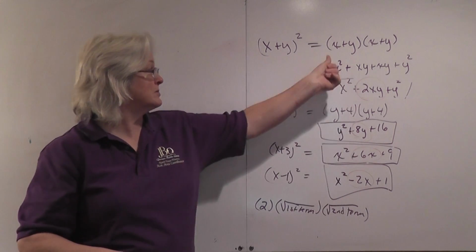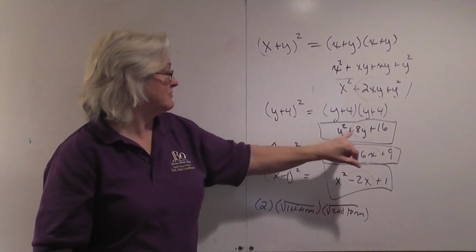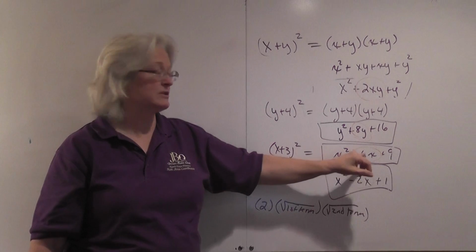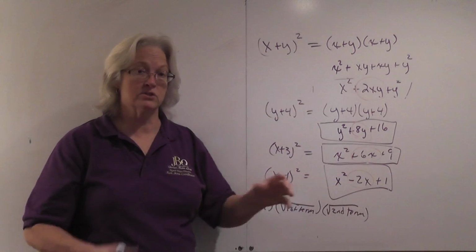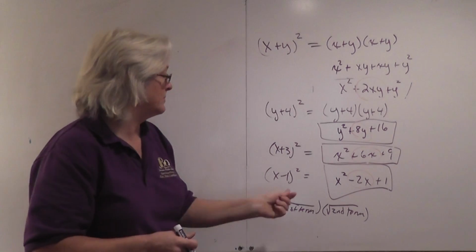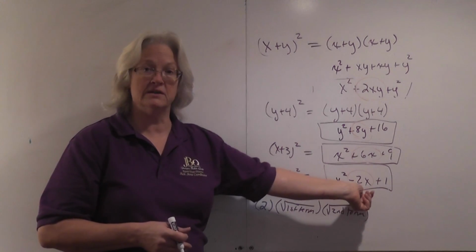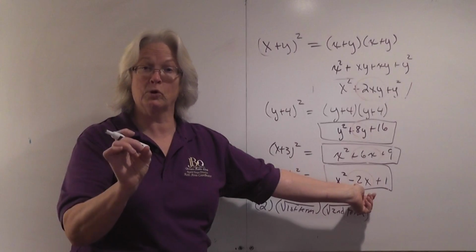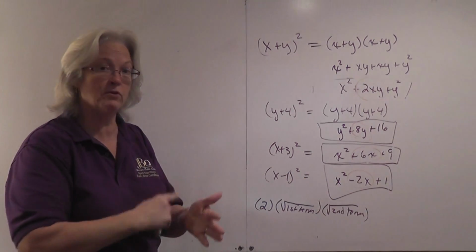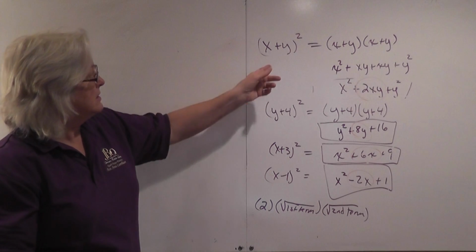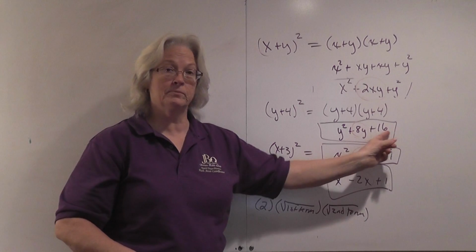And look at the relationship between the signs. We've got a positive sign here, positive, positive, positive, and then a negative sign, the negative sign. So you have a relationship. The sign of the binomial is the same as the sign of that center term of your product, or the center term of your trinomial. Okay, so let's review the 4 things that we see. The product of a binomial squared is a trinomial.